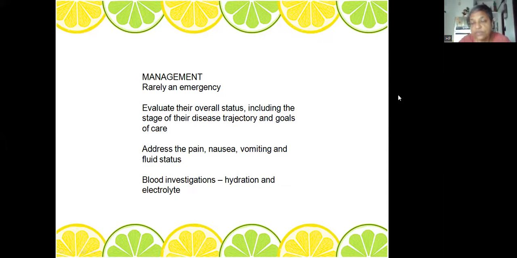Quality of life is very, very important. So even if the patient is in the end stage, pain and these symptoms have to be addressed. That is very, very important. And of course, if needed, we can do some blood investigations to know about electrolyte imbalance, if there is some problem.